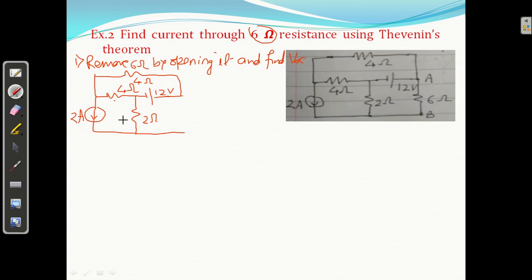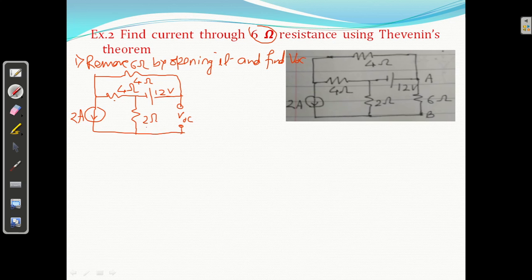So, 2 ampere, 2 ohm, 4 ohm, 12 volt, 4 ohm, and this resistance I am going to remove, and here voltage will be developed. Now, if you know the current through 2 ohm, then this loop will be formed with VOC, so we will get the VOC.